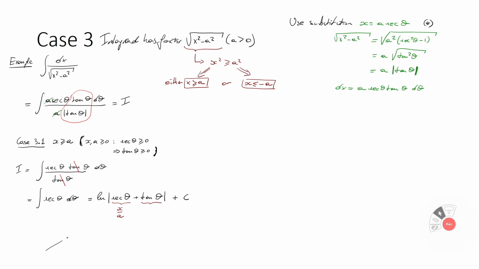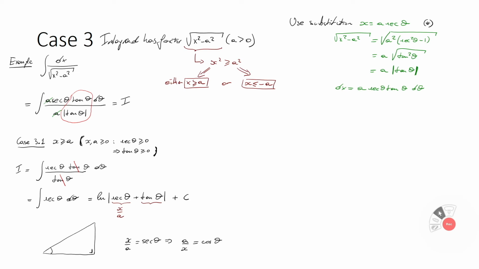And let me maybe do it down below here. Right angle triangle. And we have that x divided by a is secant, so a divided by x is the cosine of theta.